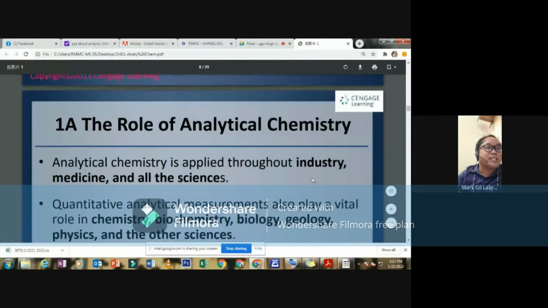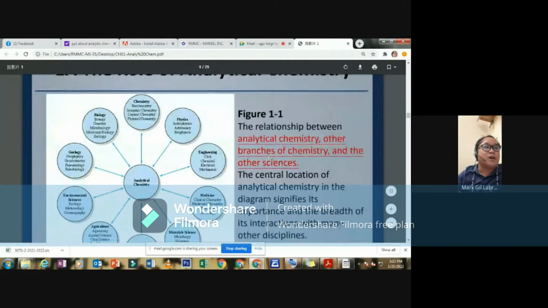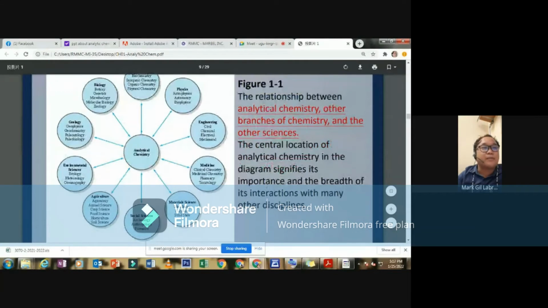So also we discuss about the role of analytical chemistry in different fields. We have industry, medicine, and all types of sciences. So in summary, ito yung kanyang concept map that it can relate to all branches, kasi lahat ng branches ngayon ng science, meron talagang role ang chemistry.